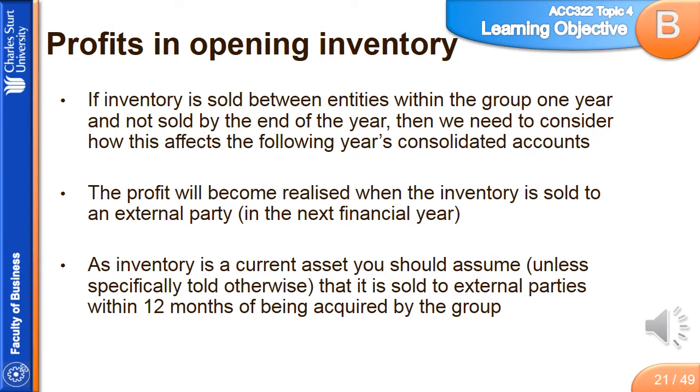So the opening balance of inventory will be overstated if an adjustment's not made, and these journal entries will be different if the inventory is transferred in a prior period and not sold within the current period. So the retained earnings account will be involved for these transactions. So instead of using the profit and loss accounts we used in that previous example, this one will be dealing with retained earnings instead for those accounts.